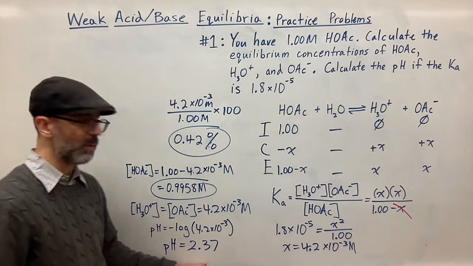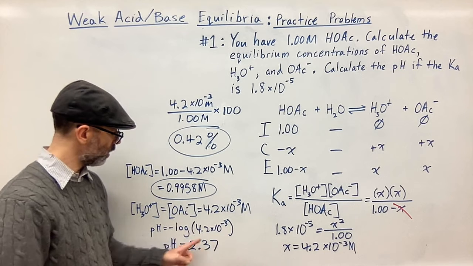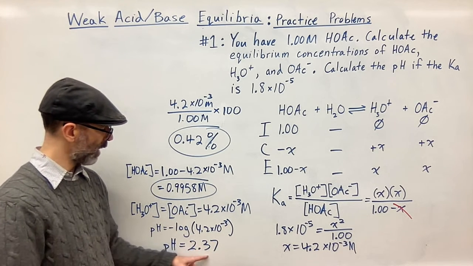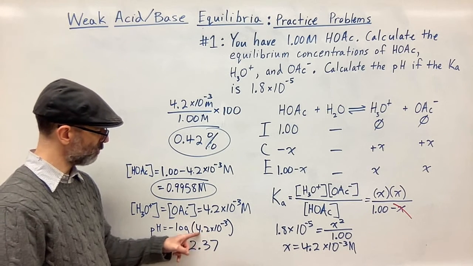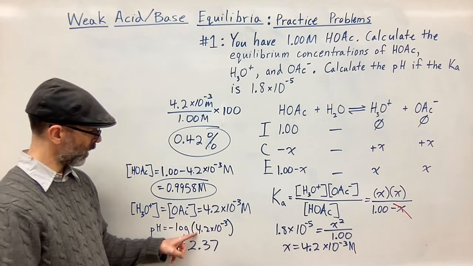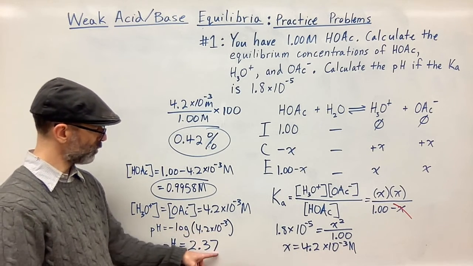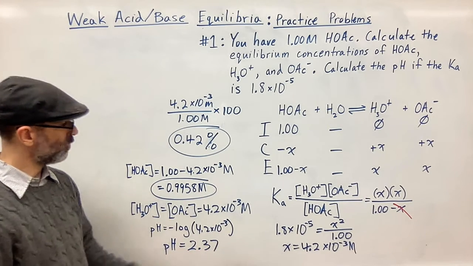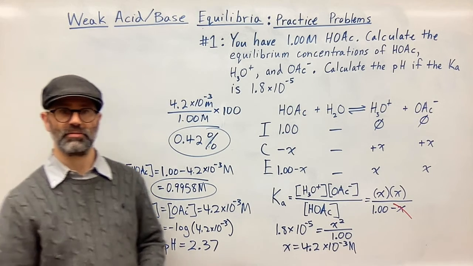And one thing to remember about significant figures is that whenever you take the log of something, the number of decimal places in your answer should be the same as the number of sig figs in the number that you are taking the log of. So here I have two significant figures, 4 and 2. So therefore, I should have 2 decimal places in my answer, and I do. So this is problem number 1. Let's go ahead and do problem number 2.